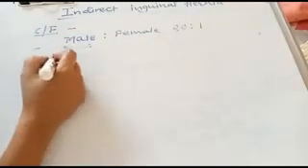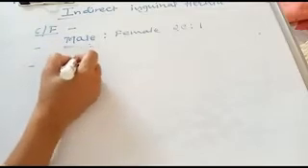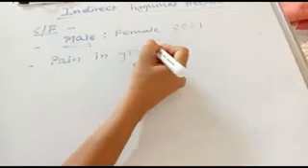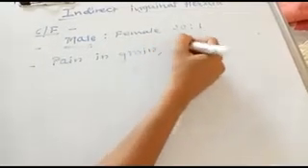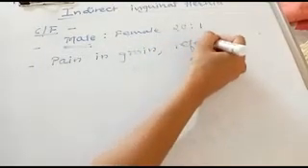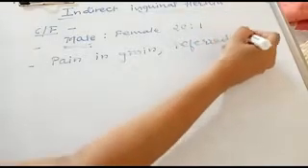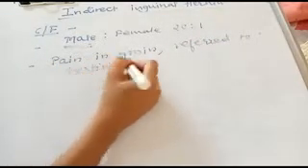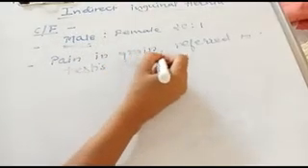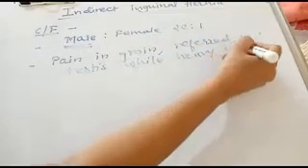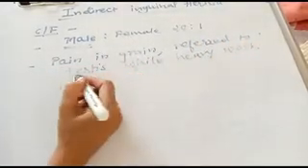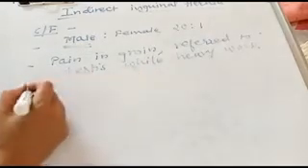The clinical features are: there will be pain in the groin, which is referred to the testes while doing heavy work. Okay, so pain will be in the groin region, and that is referred to the testes while doing heavy work.